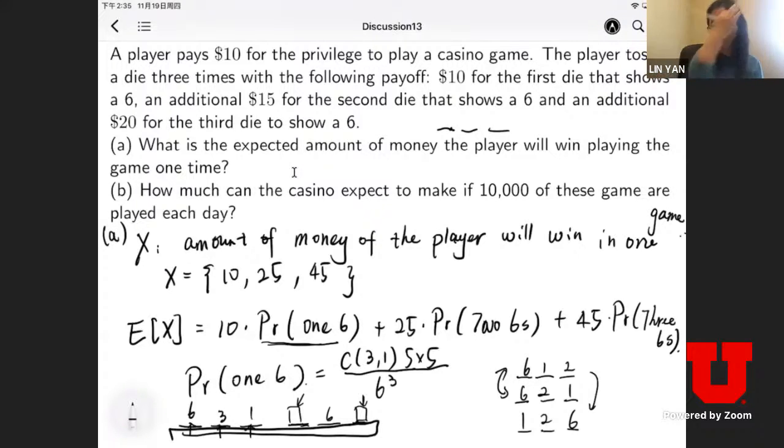Oh, okay. This is the question, the description of the problem. It means the first die is that you play with it, and then you throw.